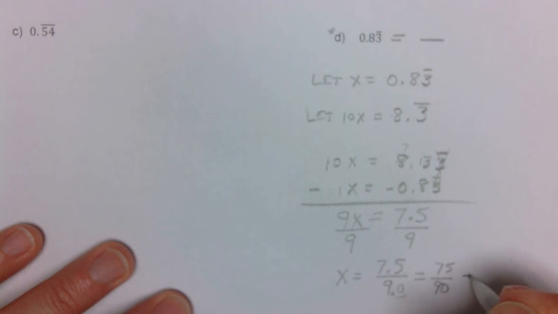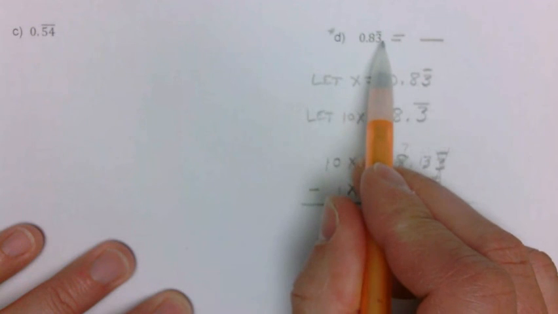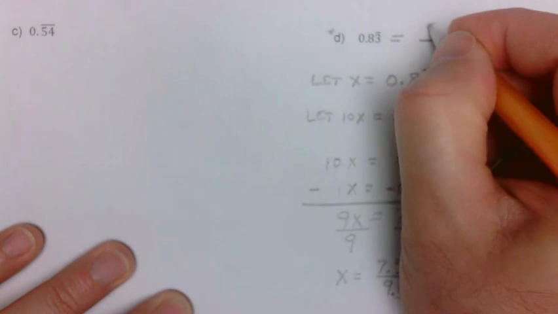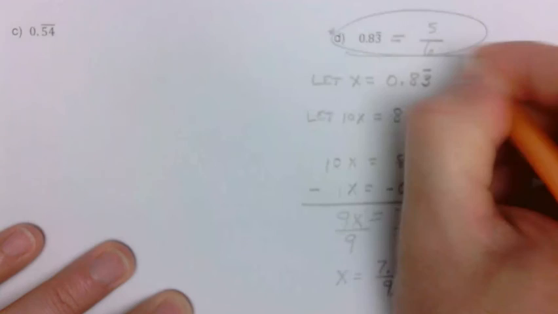And now I'm going to simplify that. 75 and 90 are each divisible by 15. Earlier, we said 90 divided by 15 was 6. 75 divided by 15 is equal to 5. So our fraction in simplest form is 5/6. 0.83 with the 3 repeating is equal to 5/6.